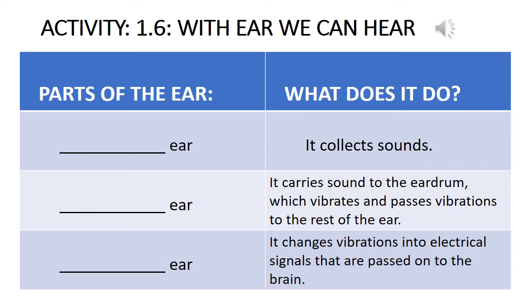Now, it changes vibrations into electrical signals that are passed on to the brain. This is the last part of the ear, which changes the vibration into electrical signals and sends the messages to the brain. Now write the name of that part in the last row of the first column.